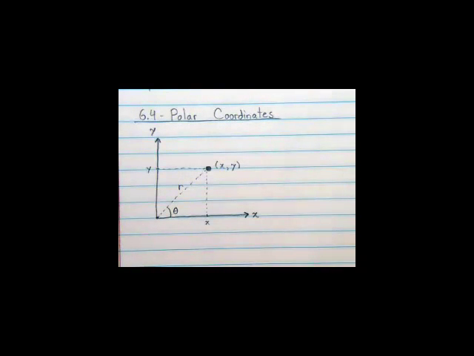Does this look a little familiar to you? It should. We've done this sort of thing before with vectors, right? We talk about the direction of a vector. What is the same thing as magnitude? Look at the picture. R. What's the same thing as direction? Theta. Okay, we're doing the same stuff again.